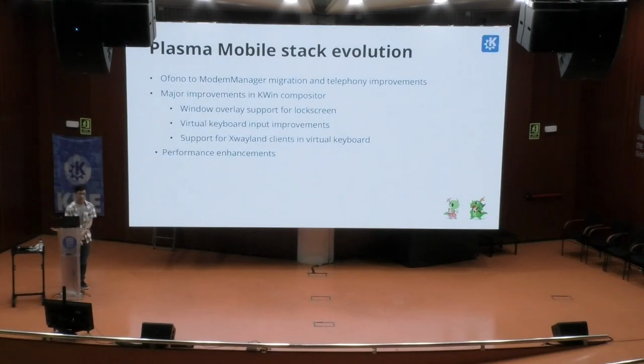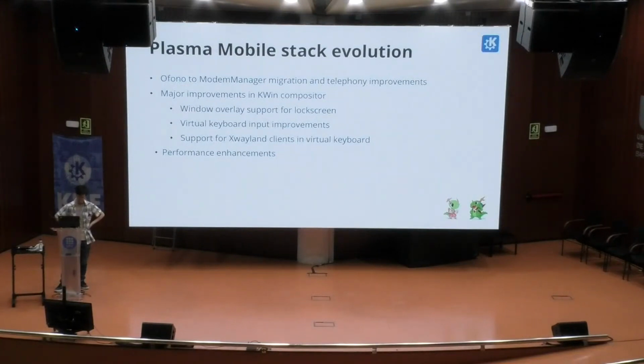Yeah. So in terms of stack evaluation, as I mentioned, we did the OFono to Modem Manager migration, and that brought lots of telephony improvements. I think if you have tried Plasma Mobile back in 2018-19, you have heard lots of complaints that Plasma Mobile's telephony and overall stability of the phone stack is super bad.